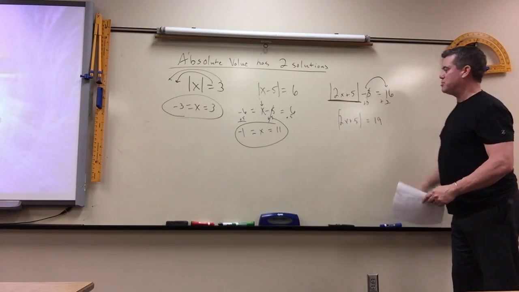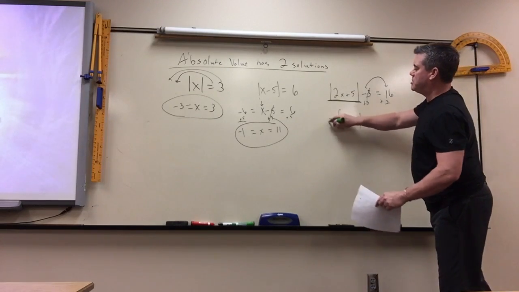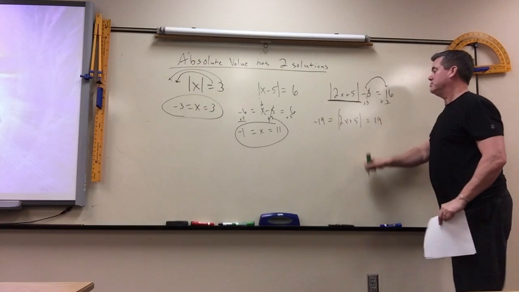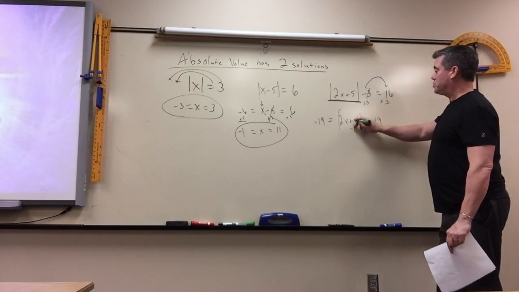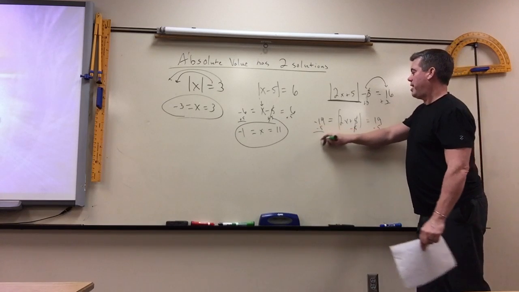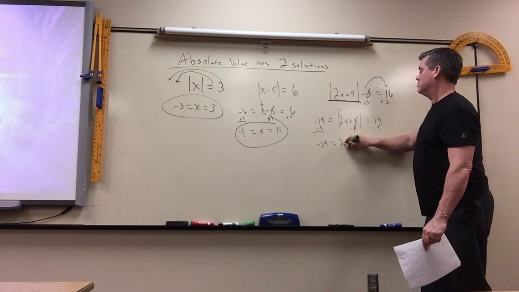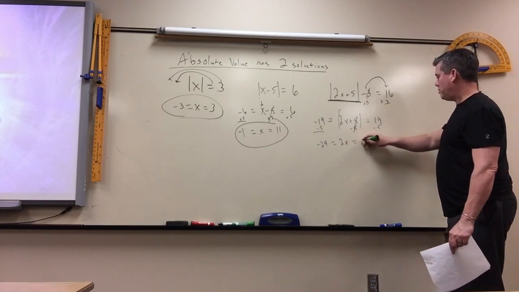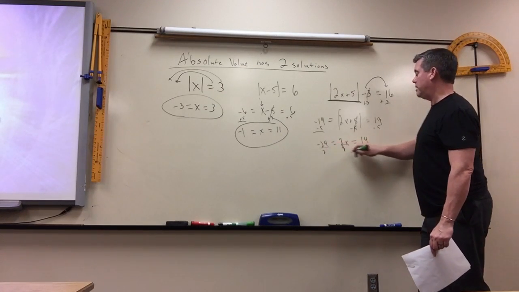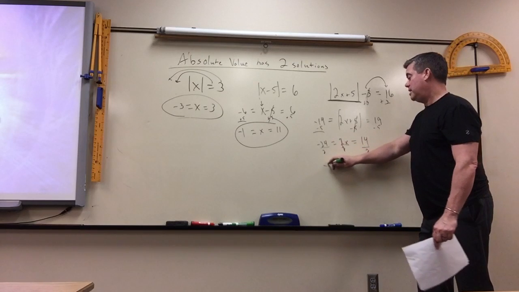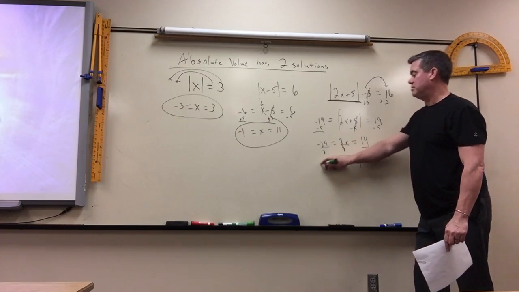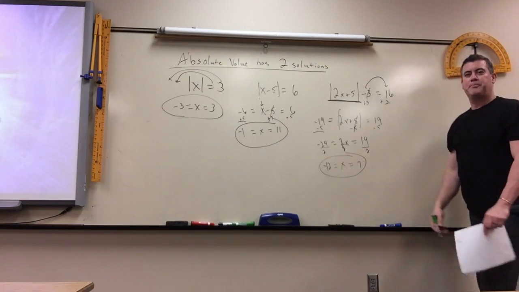So now that the absolute value is by itself, just put the same sign here, put the opposite over here, and then solve it. So subtract 5 to get rid of the plus 5. Then divide by 2 to get rid of the 2. Divide by 2, divide by 2. And you get your two answers. -12 equals x equals 7. Okay?